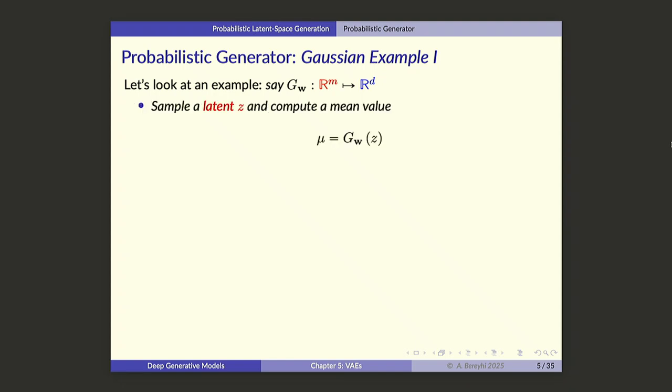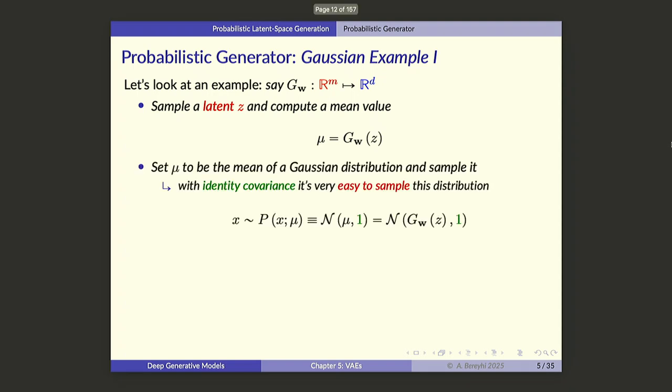When I want to generate one data sample, I'm going to first sample one latent. And then I'm going to give this latent into this neural network. It's going to give me a d-dimensional mu. But that mu is not my data. I'm going to treat it as the mean value of a Gaussian distribution. So I'm going to write down my distribution to be p of x given mu. This is the distribution that is parameterized to be a normal distribution with mean mu and variance 1, identity variance.